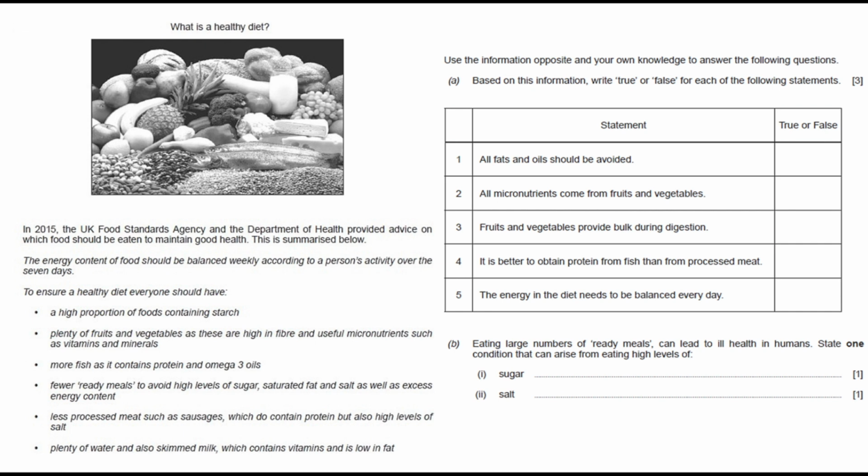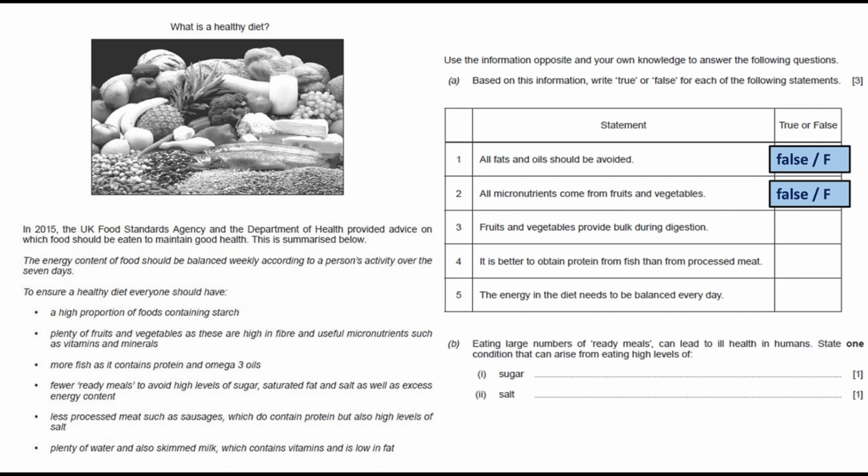Question A, part 1. All fats and oils should be avoided is false. Number 2. All micronutrients come from fruits and vegetables. False. Number 3.